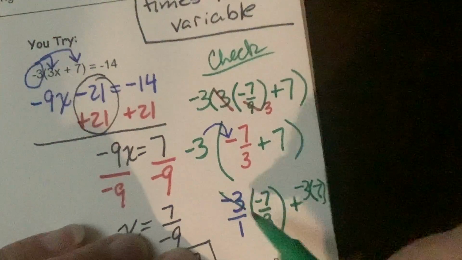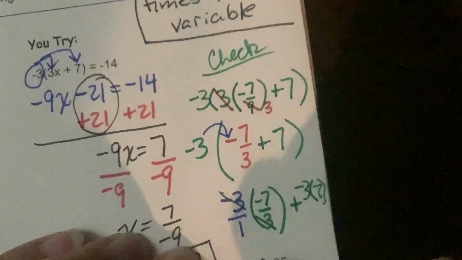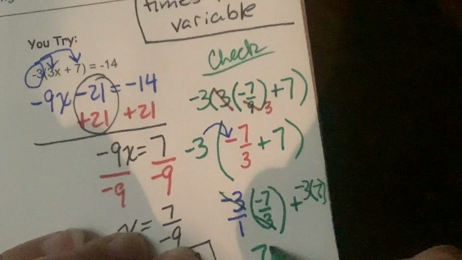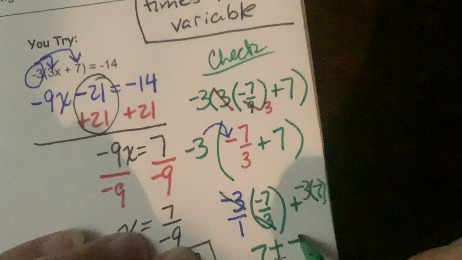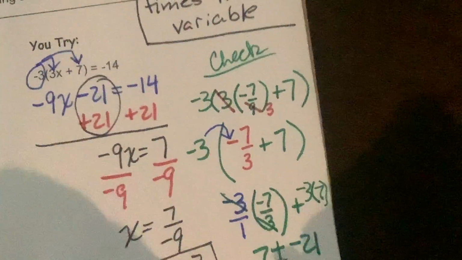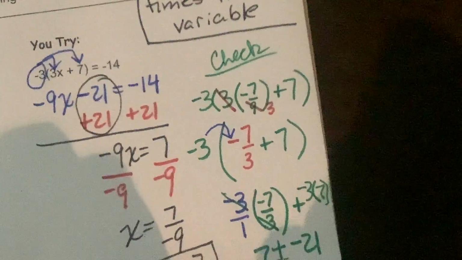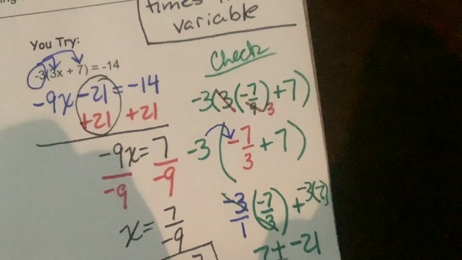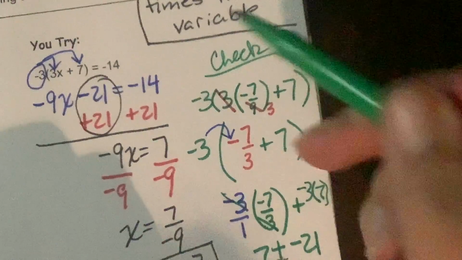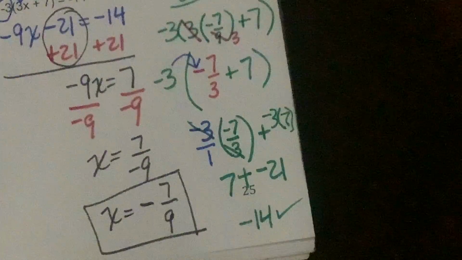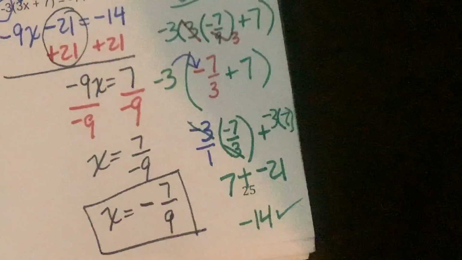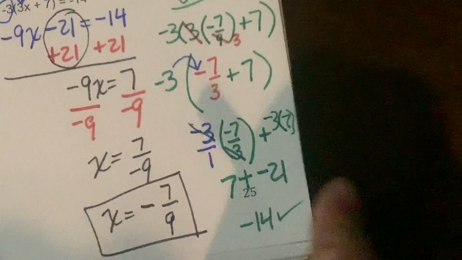Now look, negative 3 divided by negative 3, positive 7, plus negative 3 times 7, negative 21. Well, 7 plus negative 21 is negative 14, and that is my answer from up here, way down here, negative 14. So yay, it worked. Oh, thank goodness. I was worried. Here we go. Next.